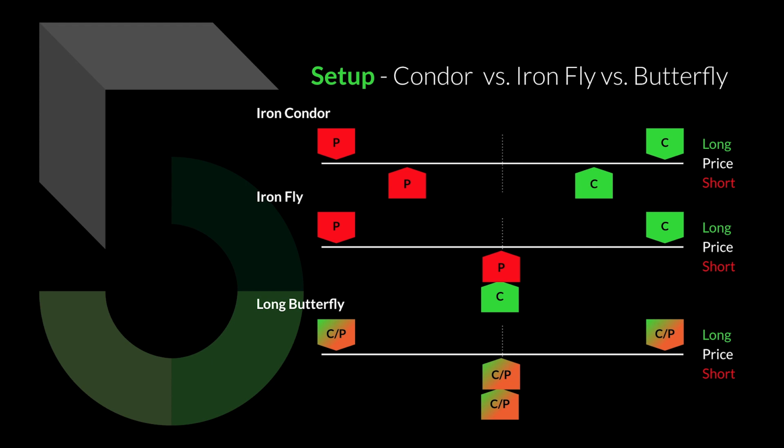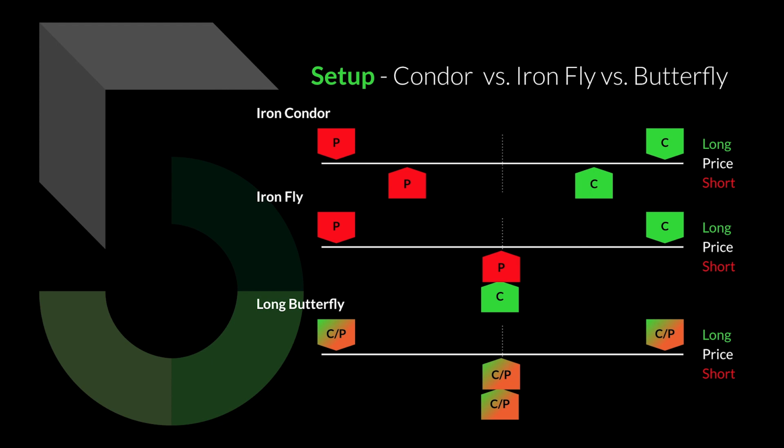So for example, if we were just using calls, you would buy a call on the left-hand side, sell 2 calls at the money, and then buy a call on the right-hand side. So you would be a long call butterfly, or if you did it with puts, it would be a long put butterfly. So you can see how all 3 of these are related to one another in terms of the option strike setup.